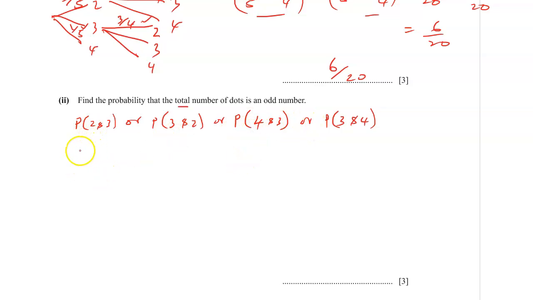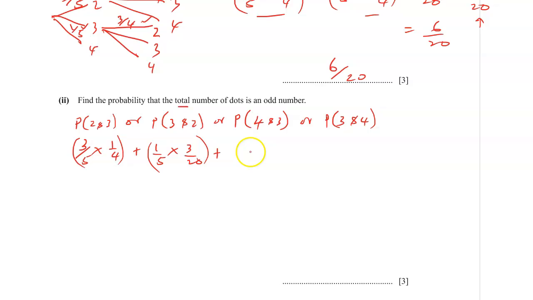So probability of picking 2 will be 3 over 5 times probability of picking a card with 3 dots, which is a quarter, plus probability of picking a card with 3 dots will be 1 over 5 times picking this 2 after you just picked 3, which will be 3 out of 20 once you have done that.